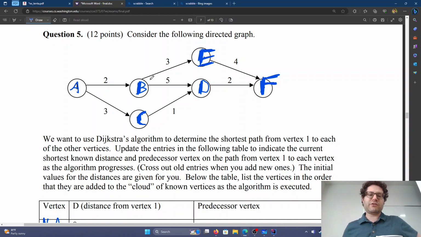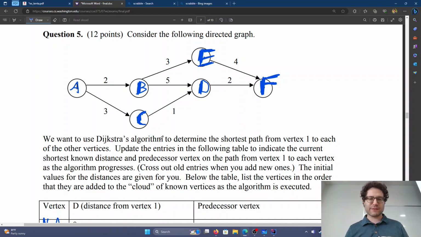So we want to use Dijkstra's algorithm to figure out the shortest path from vertex A to all the other vertices. Update the entries in the following table. So again, what Dijkstra figures out is the shortest distance from A to not just a target node, but from A to anything else. And that's what we care about.